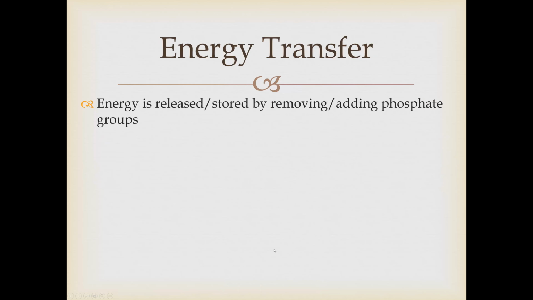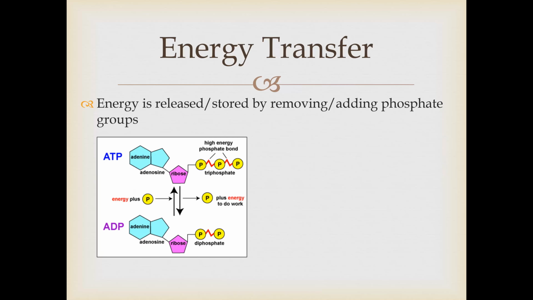As I've already said a couple of times, in cells, energy is released or stored by removing and adding phosphate groups. So here is ATP at the top. And again, we have our adenine, our ribose, and our three phosphates. If we take a phosphate away, we can use that phosphate to do work.